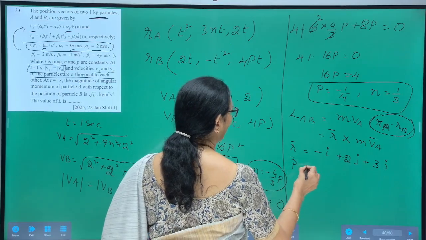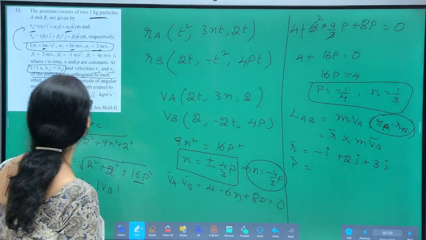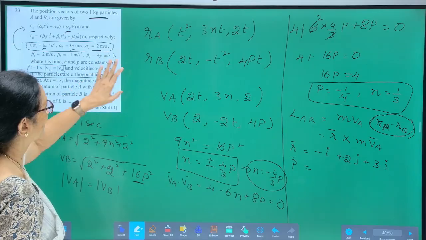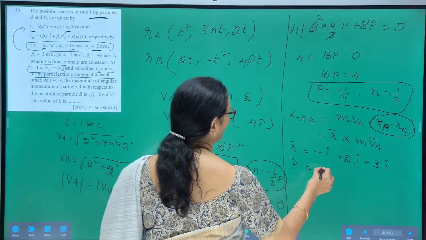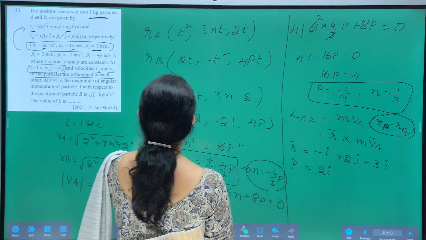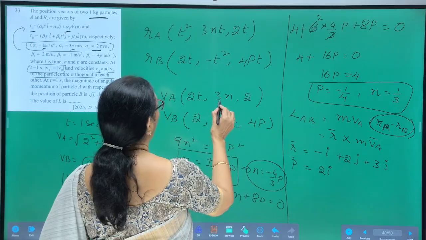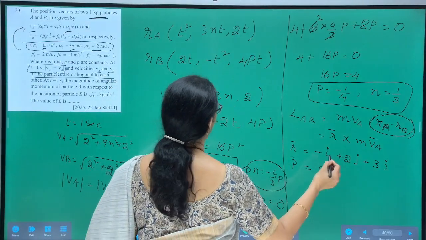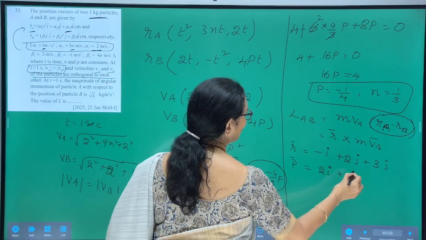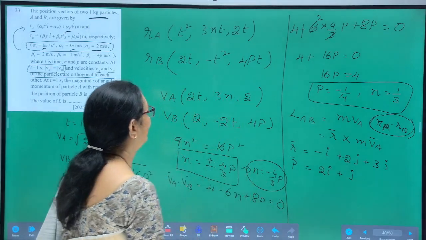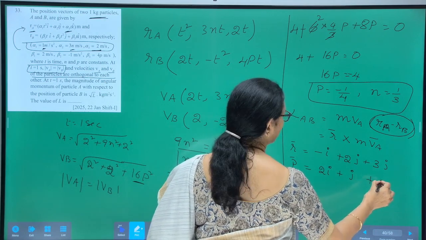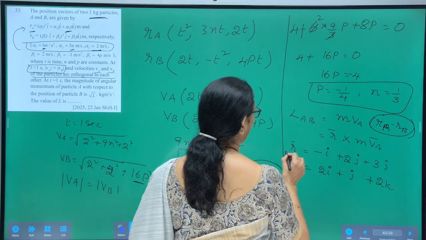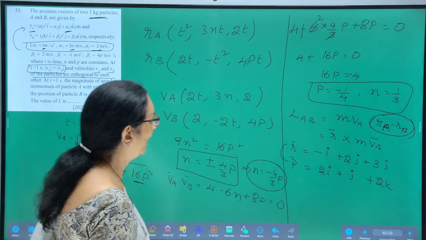And momentum, P is mv bar, mass is given as 1, so just V A bar, it is 2 I bar, 3 n is 1 by 3, gets cancelled, plus j bar, and this is 2k bar, plus 2k bar.